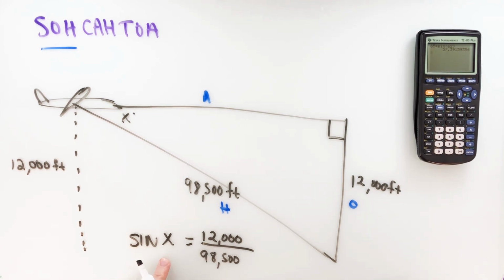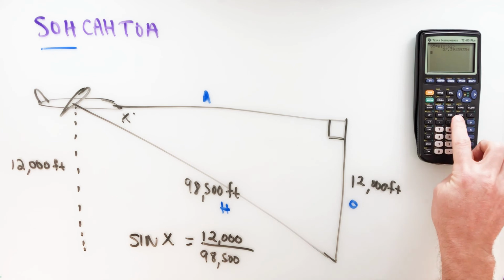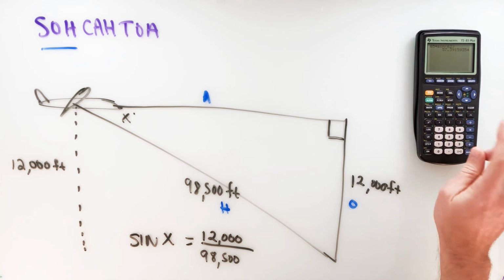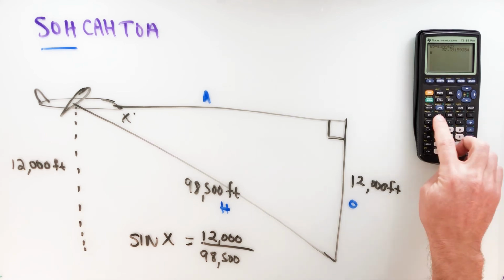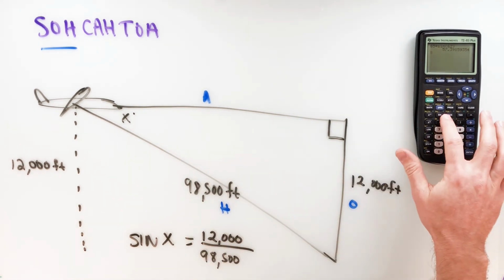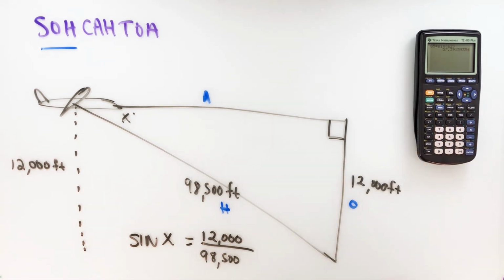So when the angle is what you're trying to find, we can't use the regular sine function. We have to use what we call an inverse. If you look above your sine, cosine, and tangent buttons, you should see an inverse function: cosine -1, sine -1, tangent -1. You can see them right above there. So when you're looking for the angle, we have to use that inverse function. How does that work?